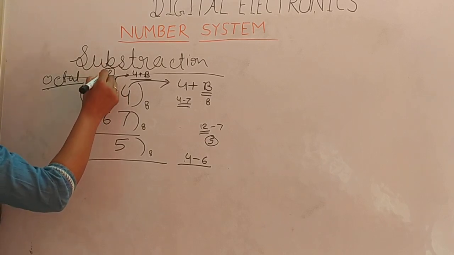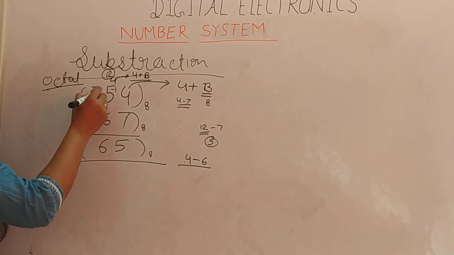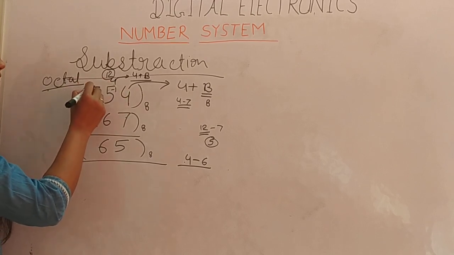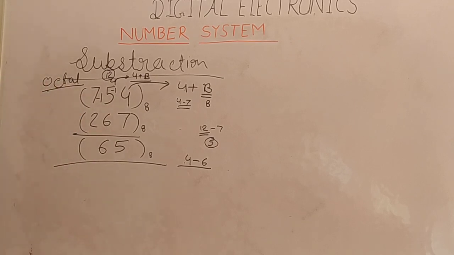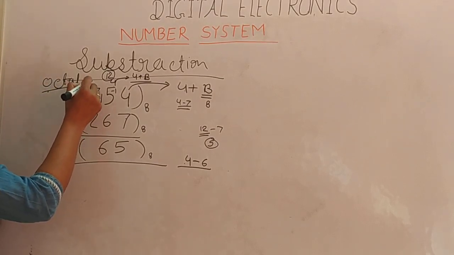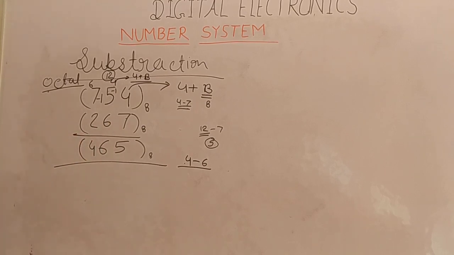So we'll subtract 6 from 12 and get 6. Again we have to subtract one borrow from this 7. So 7 minus 1 will be 6 and then 6 minus 2 will be 4. So 465 is the answer of this subtraction.